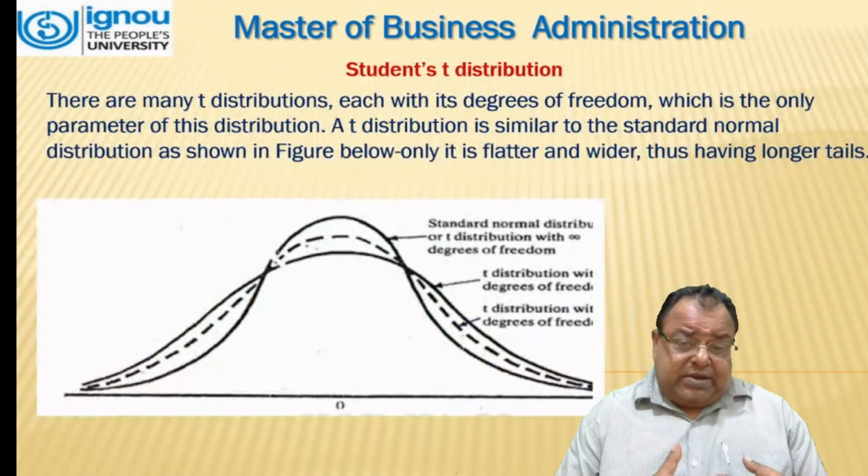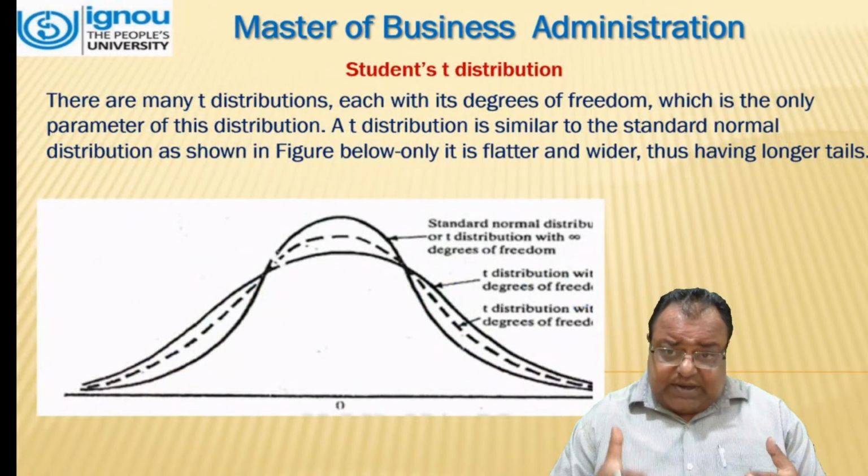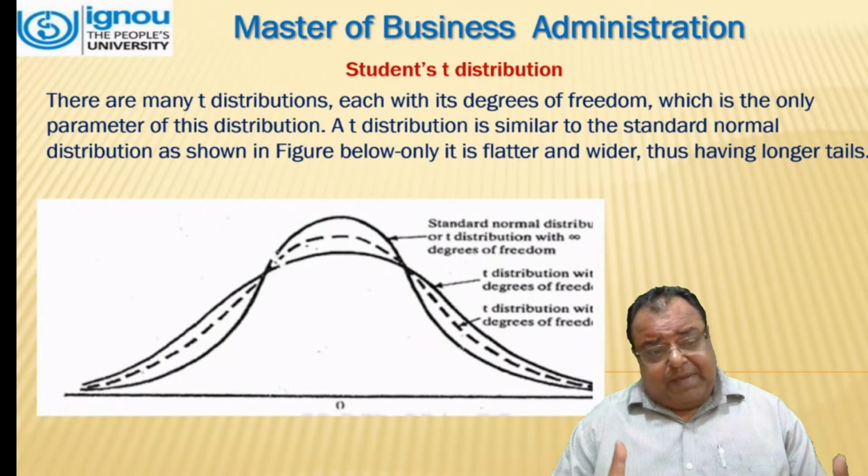There are many t distributions, each with its degree of freedom, which is the only parameter of this distribution.